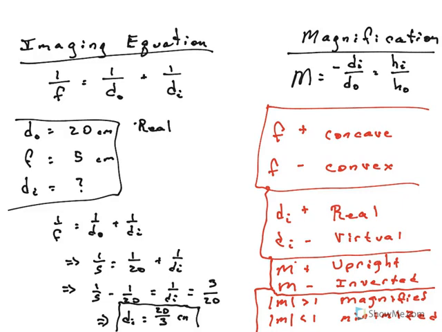So now we need to calculate the magnification to try to get these last two pieces of information. What do we know so far? Well, we still have DO was 20, F was 5. We just found DI is 20 over 3. So now we want to find magnification.